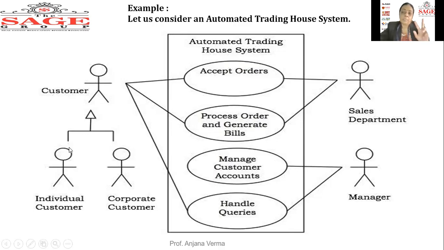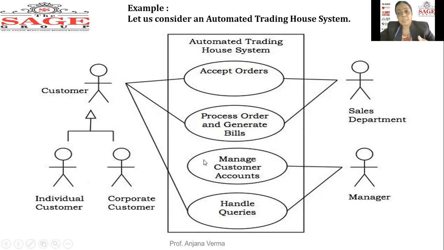There are types of customer, namely individual, where you are purchasing the thing, or wholesale, meaning for corporate. So we have so many actors, and the roles played are accept order, place order, search order, tracking, meaning anything related to purchasing you can write in use case.